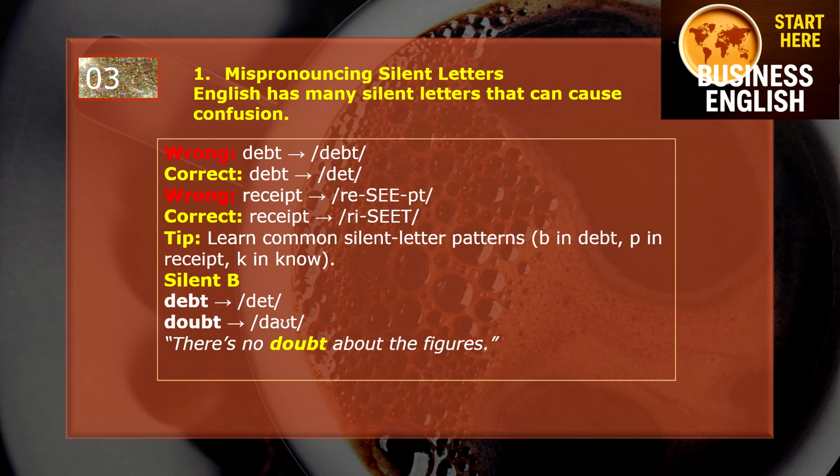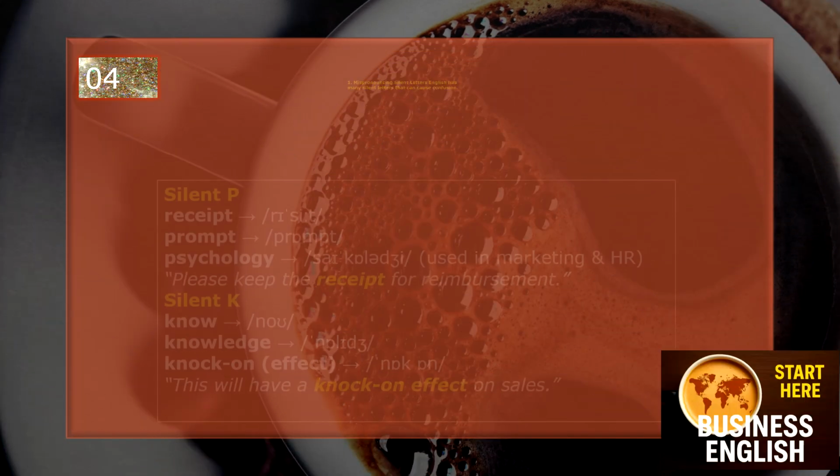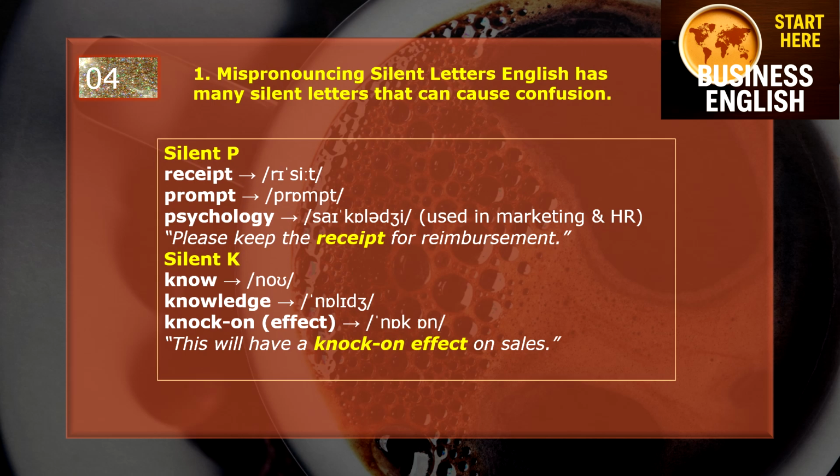Silent B, as I said, for example, we have debt and then we have the word doubt. There's no doubt about the figures. Next silent letters, it's gonna be silent P and silent K. Silent P, it's receipt or prompt.